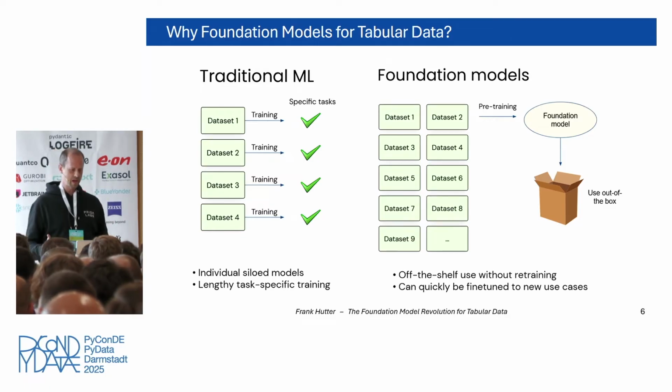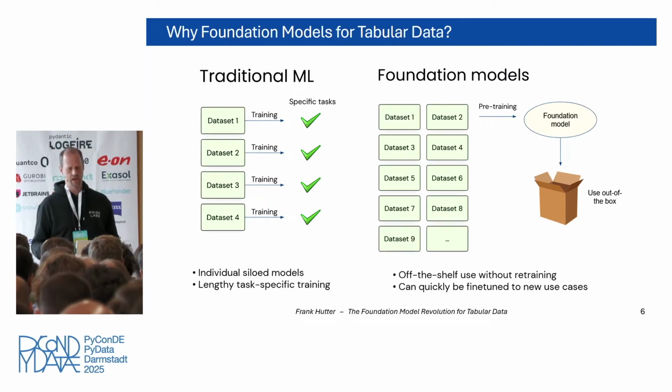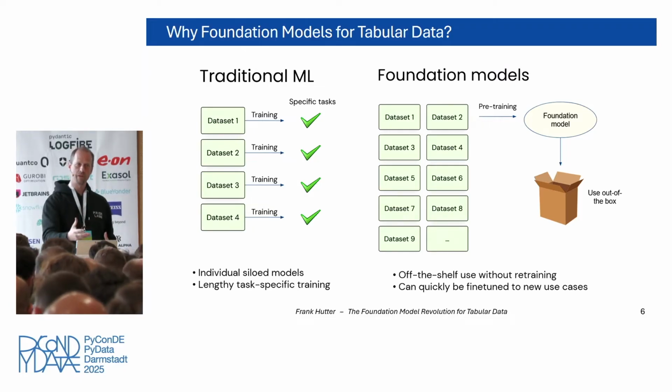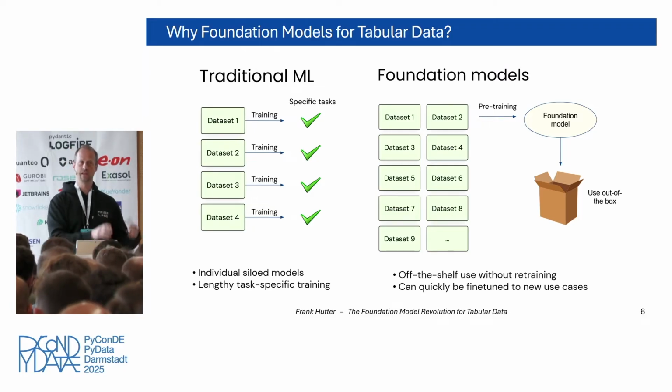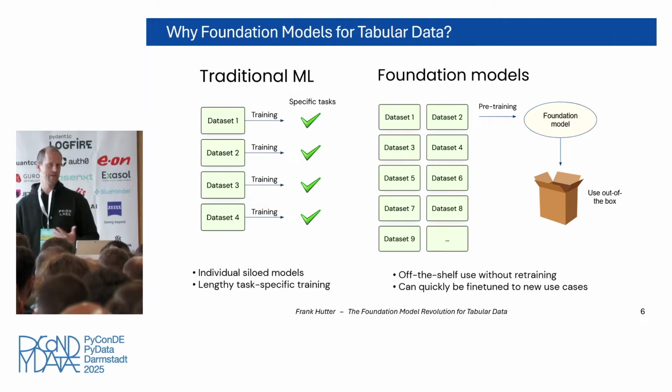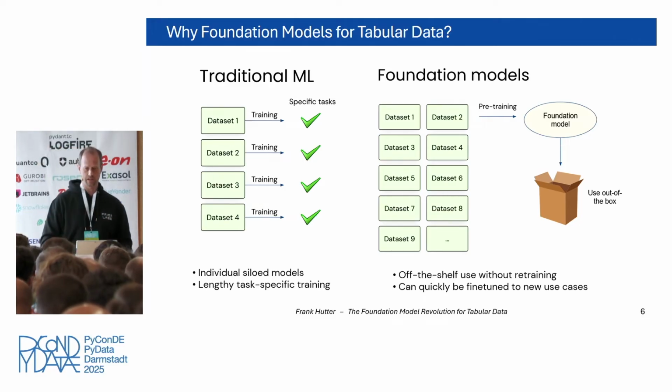So it's off-the-shelf use without retraining. And if you want to, and you have different data sets from your domain, then you can also open this box again a little bit and fine-tune it to your particular data sets once, and then it does even better for your type of data sets.